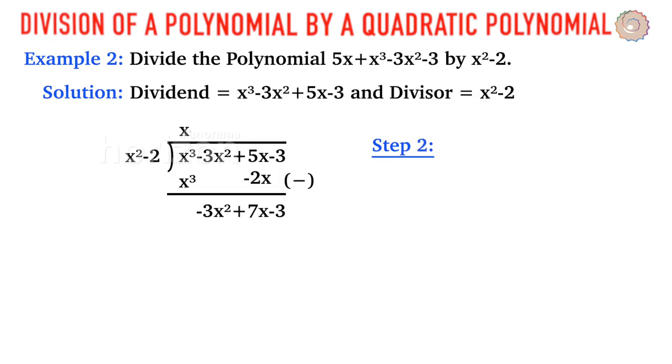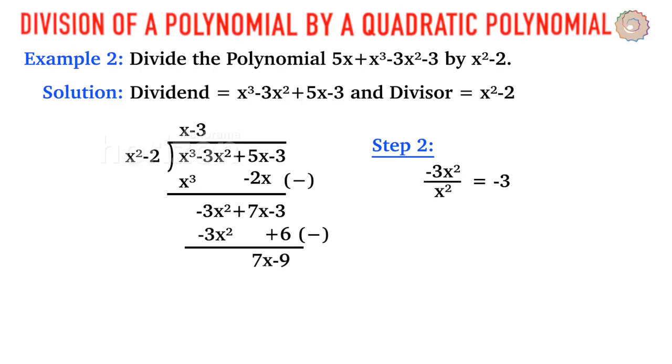Now the second step is to obtain the second term of the quotient. Divide the highest degree term of the new dividend by the highest degree term of the divisor and then carry out the division process. So -3x^2 by x^2 equals -3. The result after the division process is 7x - 9.